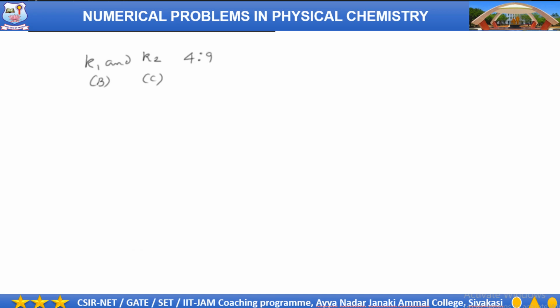If the sum of the concentration of B and C at any time is 2 molar, then what will be the concentration of B and C at time t?